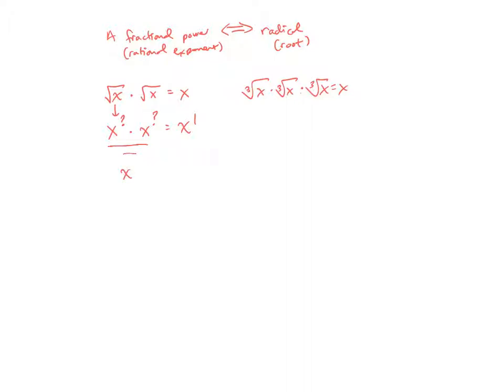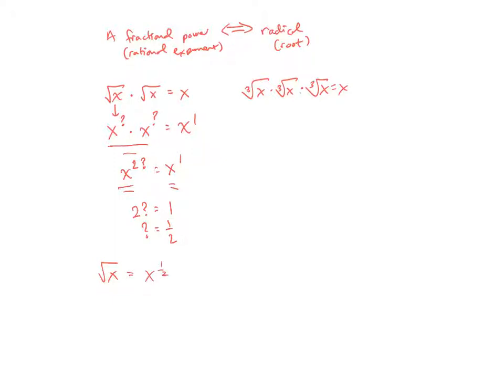So this would end up being x to the question mark plus question mark, which would be 2 times question mark. Now, if these two things are going to be equal, the bases are equal, so the powers would also have to be equal. And that tells me that the power that represents a square root is 1/2. So square root of x is the same thing as x to the 1/2.